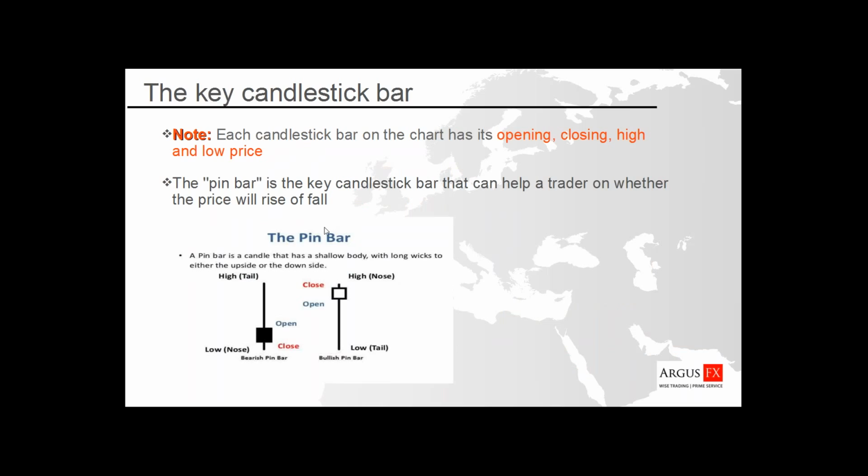If you see a bullish pin bar within your strategy, and let's say you have decided to buy a currency pair based on your strategy, and you've decided to place a buy order, and during that time there is also a bullish pin bar appearance, then it's a further confirmation that your buy order will likely be the right one.